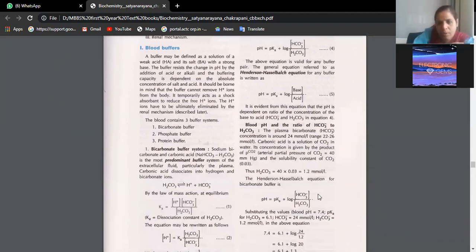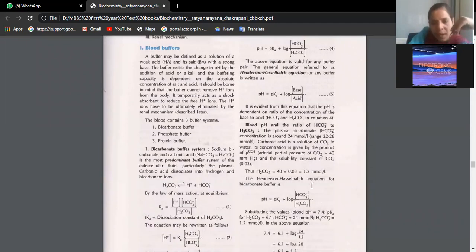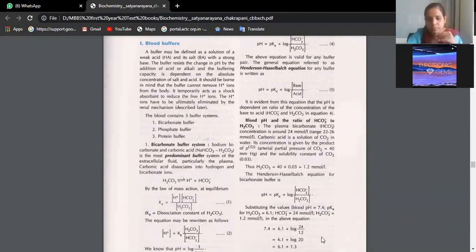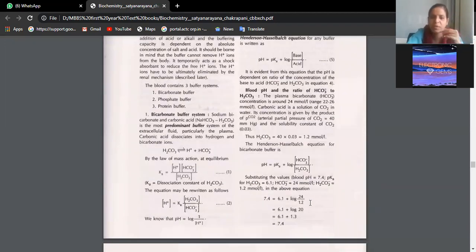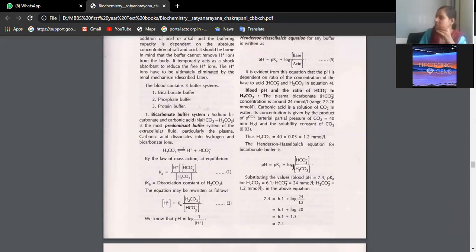When you talk about this, you have a ratio of 24 by 1. Almost 24 means what? The above one is base and the below one is acid. That means base is 24 times more present in the blood than acid. Why do we have so much base in the blood? Because whatever the end products in our metabolism are, suppose it is glycolysis, the end product is lactic acid.